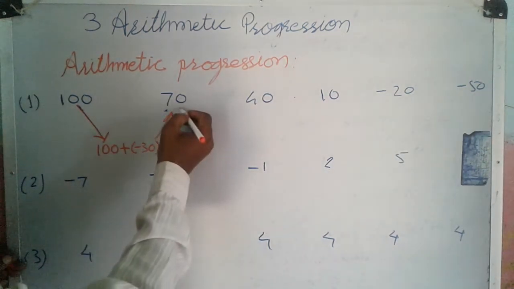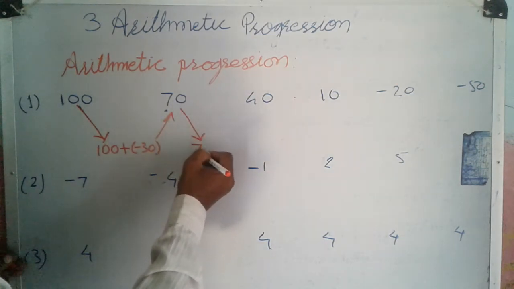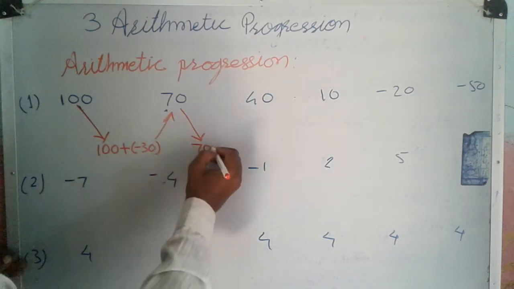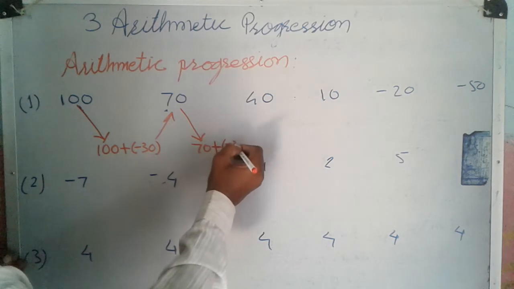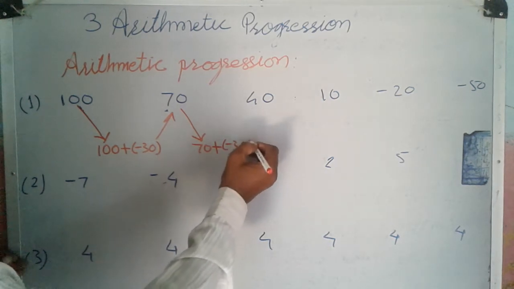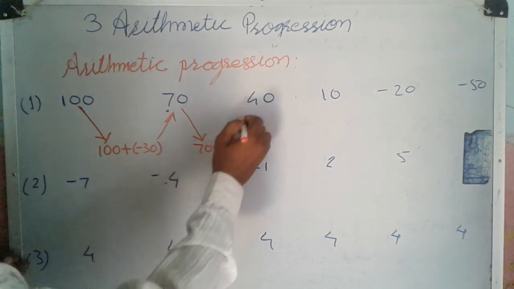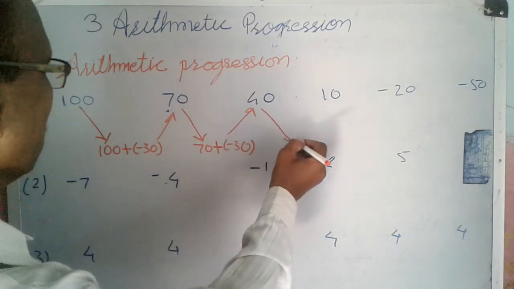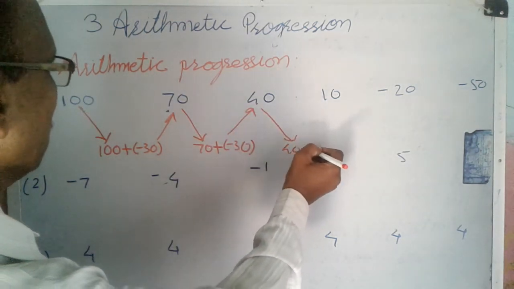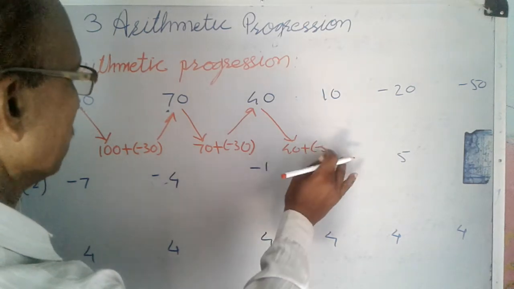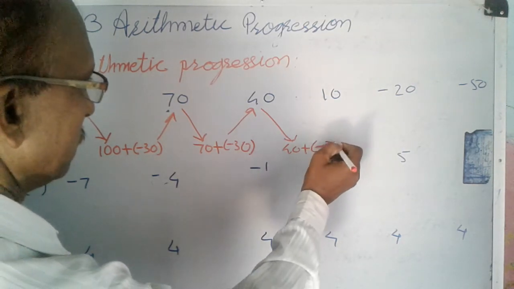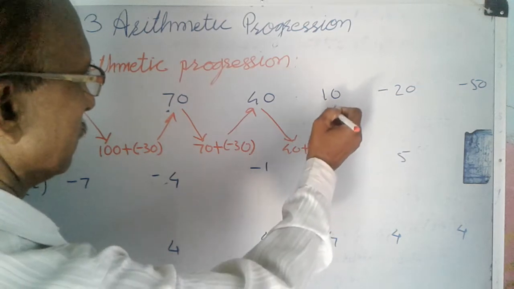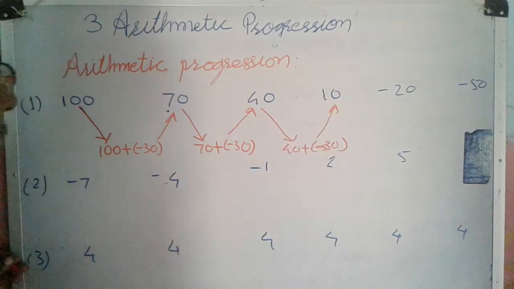Now if we add minus 30 here, 70 minus 30 we get 40. Again if we add minus 30, we get 10.